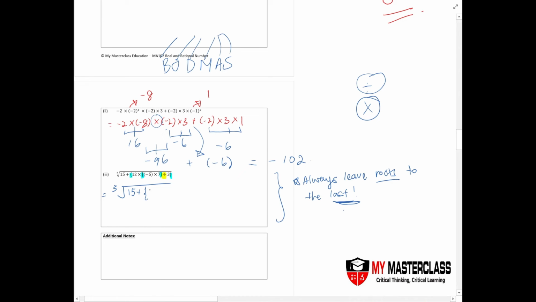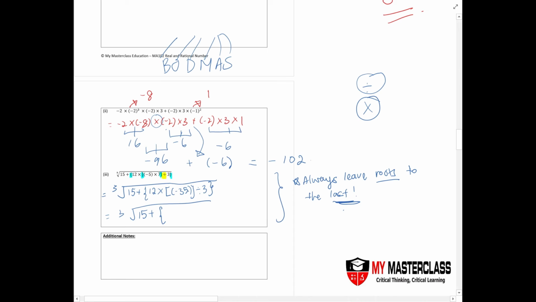So what I'll do is I'll multiply, so negative 3 multiplied by 7 would give you a negative 35. Then you divide this by 3. So when I divide by 3, I'll have negative 12 multiplied by negative 35 divided by 3. So I'll have cube root 15 plus, right, division by 3.